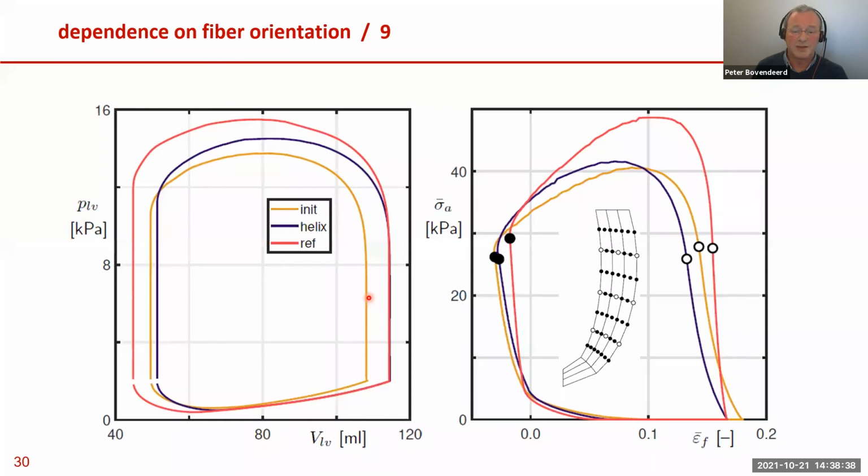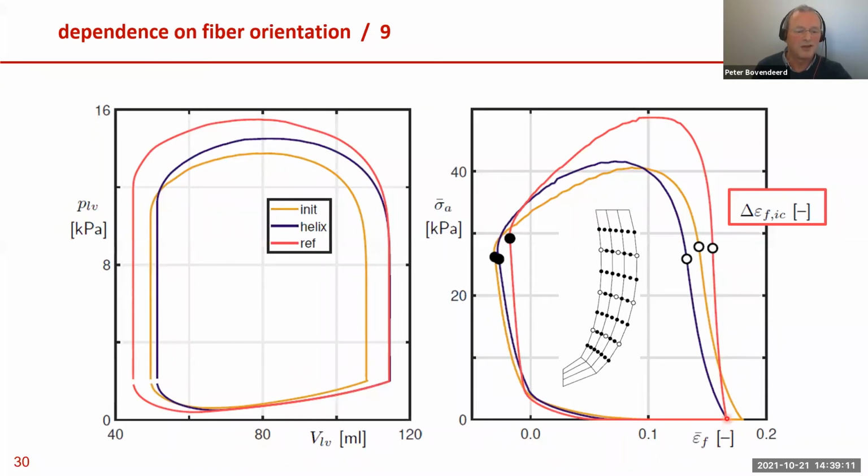And the explanation can best be seen from this type of plots. Once again, we see stress strain plots. Now you see average stress strain plots, averaged over all the black nodes that you see over here. What is the main difference between the last simulation and the previous simulations? That during the isovolumic contraction phase, myofibers tend to maintain their length.